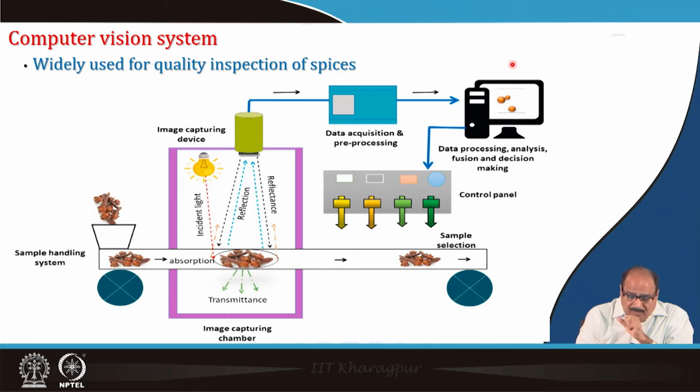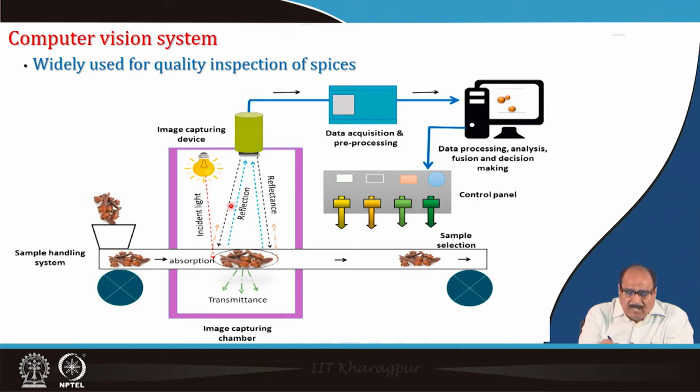You can see here that there is an image capturing chamber where the sample of spices, etc., is brought through an appropriate handling or conveying system into the image capturing system, where there is a light source.